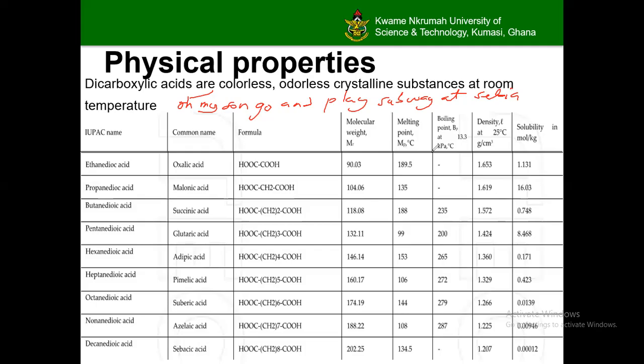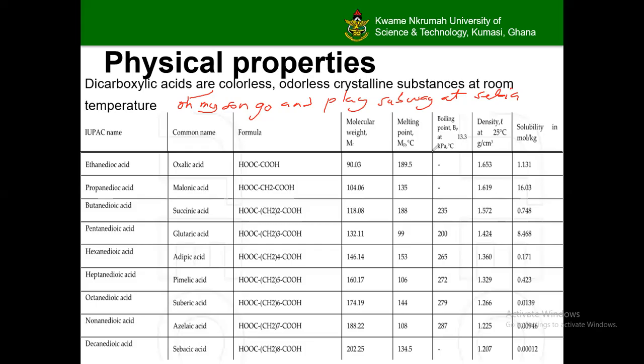When we talk about density, density depends on mass and volume, right? Good. Now, as you go down, the mass increases, of course, but there is also an increase in volume. The increase in volume here supersedes or overcomes the increase in mass.